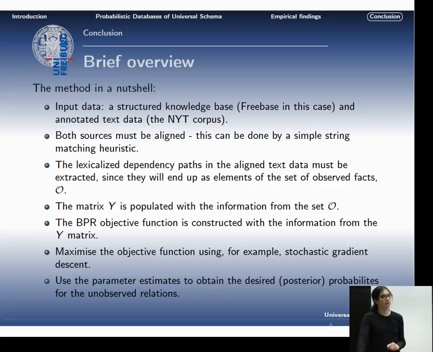The matrix Y is then populated with the zeros and ones derived from the observed set O. We construct this objective ranking function and maximize this function using some numerical method. In this case, stochastic gradient descent, but anything is equally applicable here.